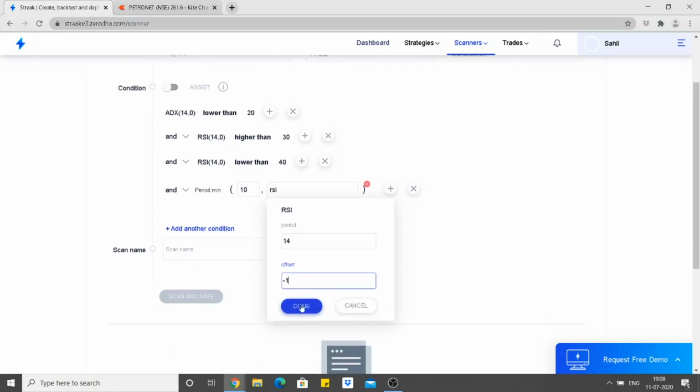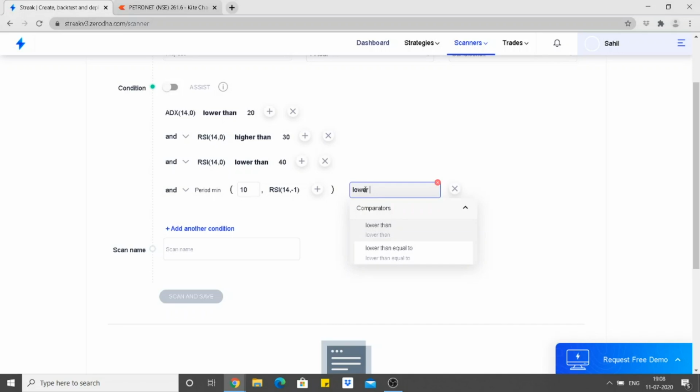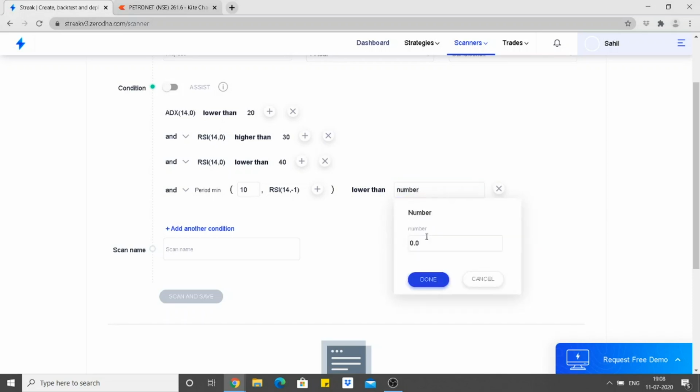I'm selecting an offset of -1 because we do not want to consider the current candle, but rather the last 10 candles prior to the current candle. Lower than number 30.